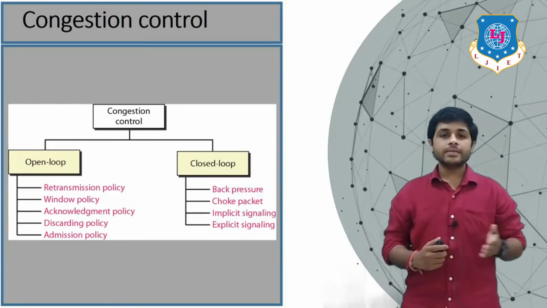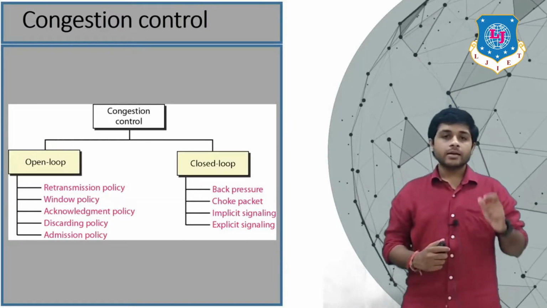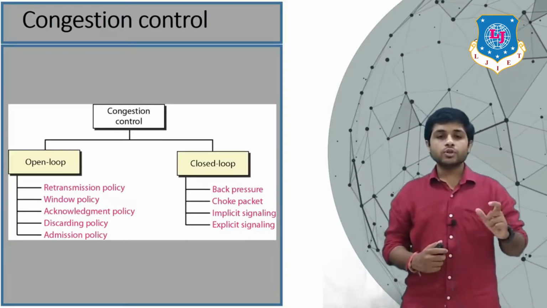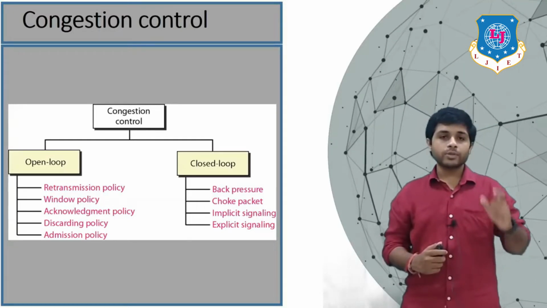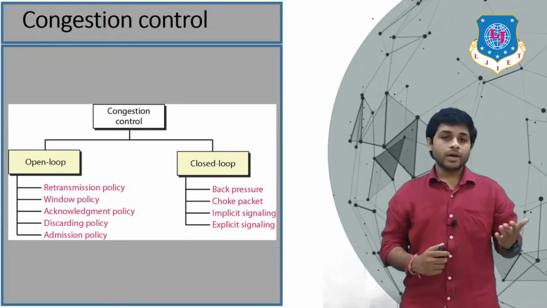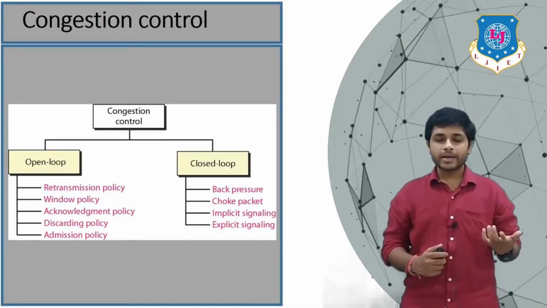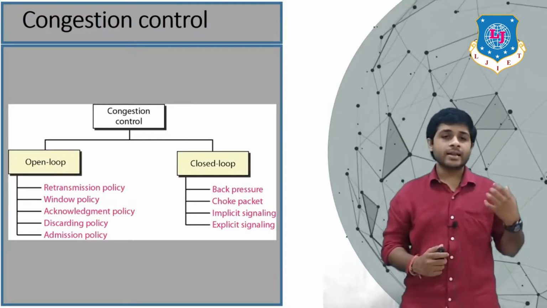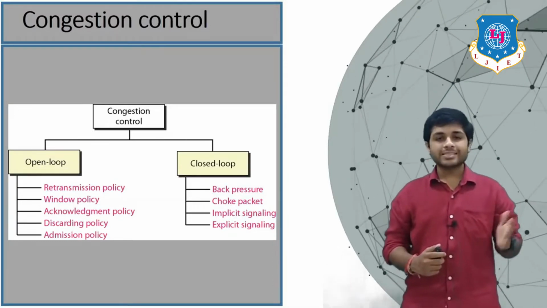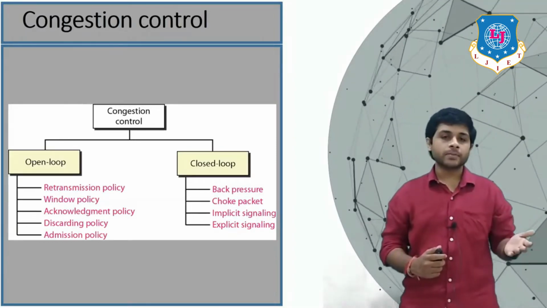The second type is the window policy. The window policy tells that the sender's window should be selected according to the capacity of the link. You know that the sender could have different sizes of windows, right? The sender can send 4 packets at a time, it can send 8 packets at a time, it can send 16 packets at a time, whatever the capacity of the sender is.